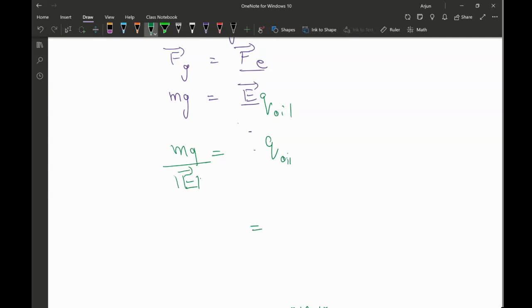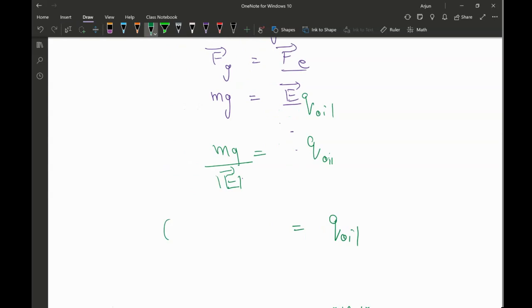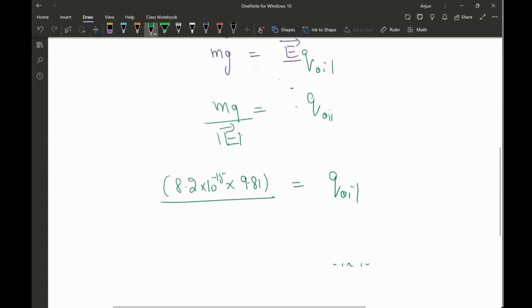Q oil will be, mass value is 8.2 times 10 raised to the power negative 15 multiplied by 9.81 and divided by the E value, which is 1.0 times 10 raised to the power 5.